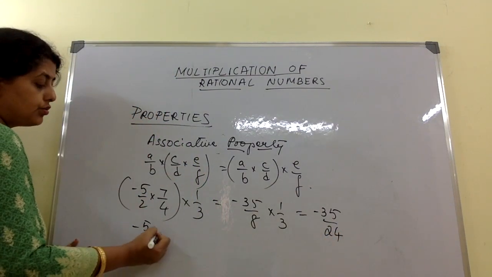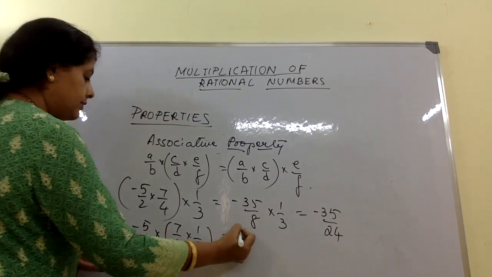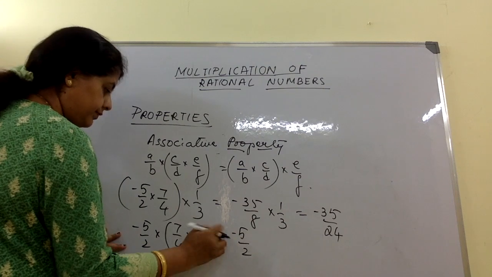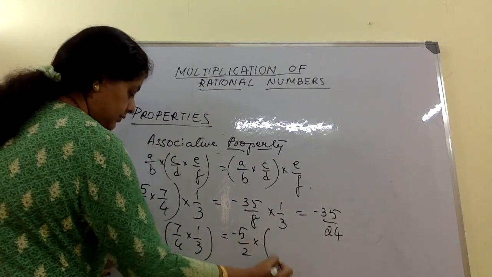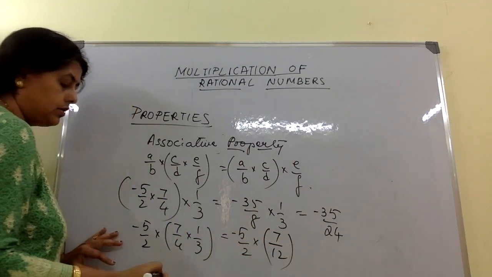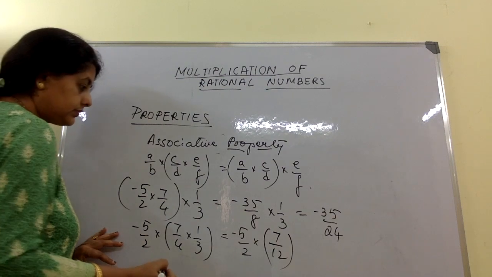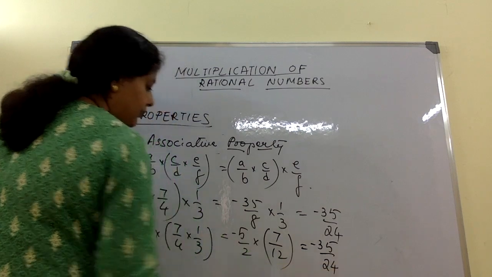Minus 5 by 2 into 7 by 4 into 1 by 3. Minus 5 by 2 into 7 by 12. Minus 35 by 24.